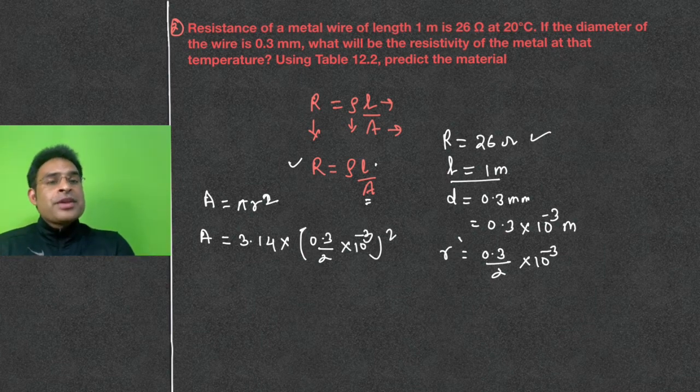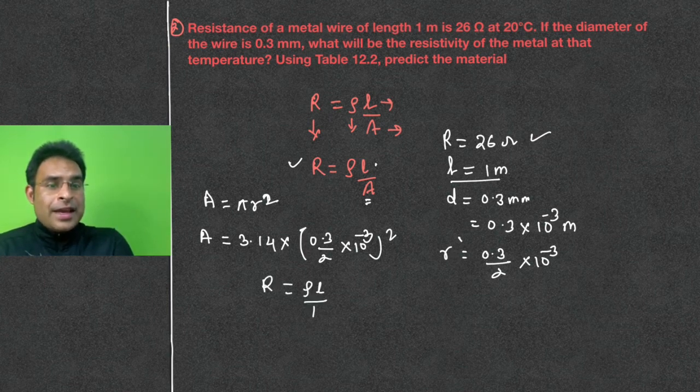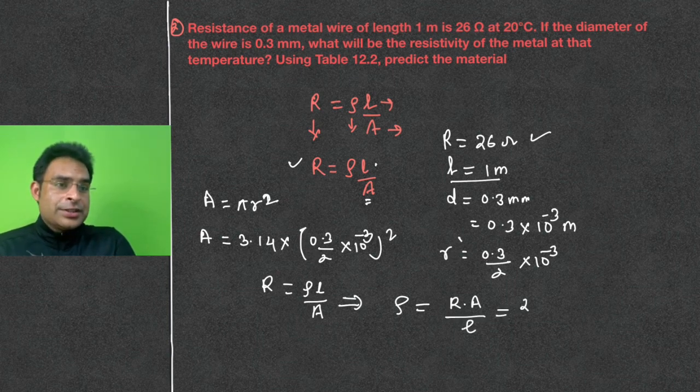So this is the area. Now we can rearrange this formula. R is equal to rho L divided by A, I can also write this formula. If I want, I can write rho is equal to R into A divided by L. And R is given as 26, and the area is 0.15 into 10 raised to power minus 3 square.